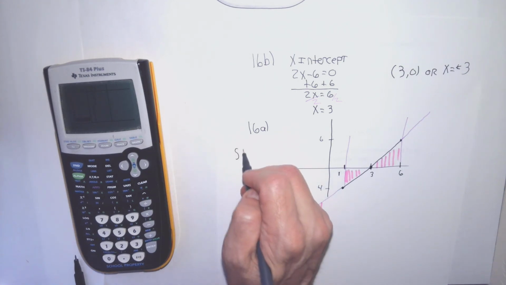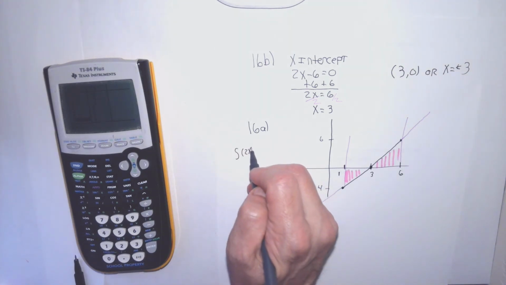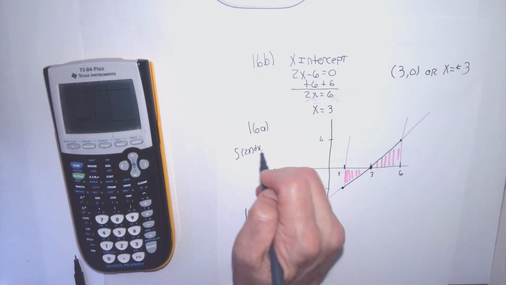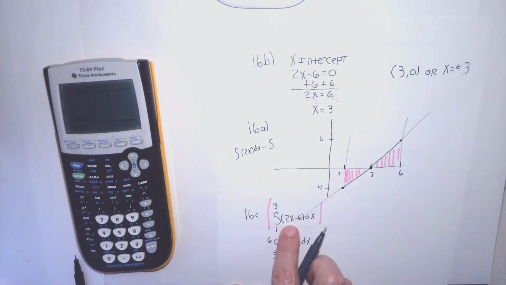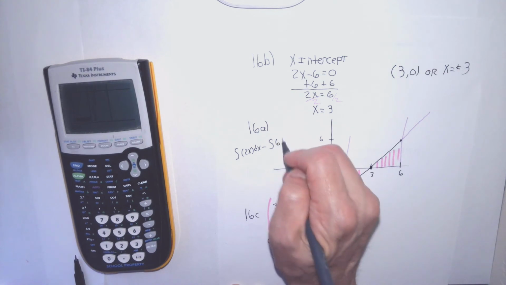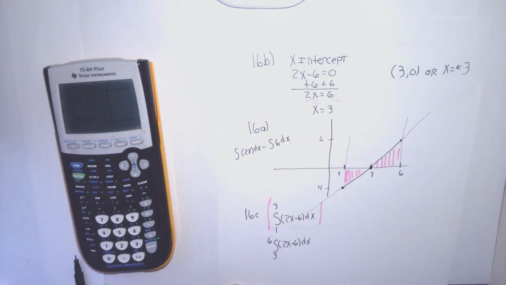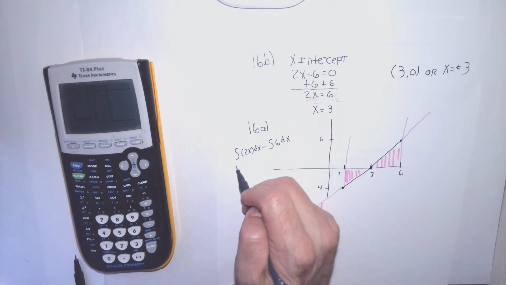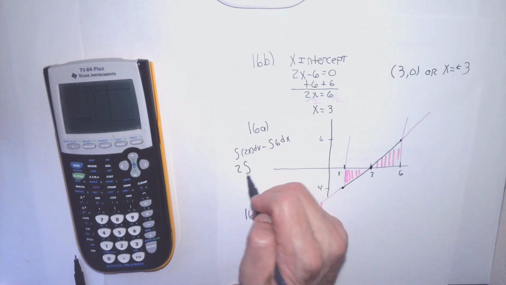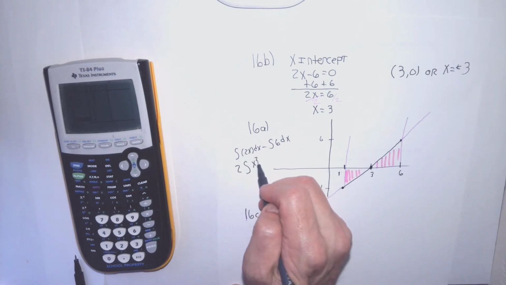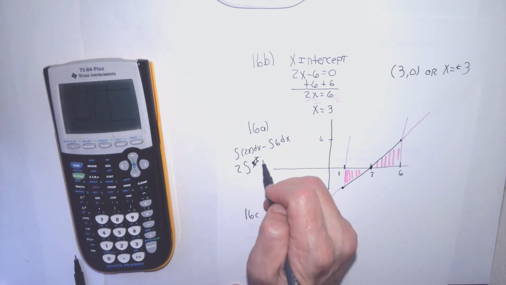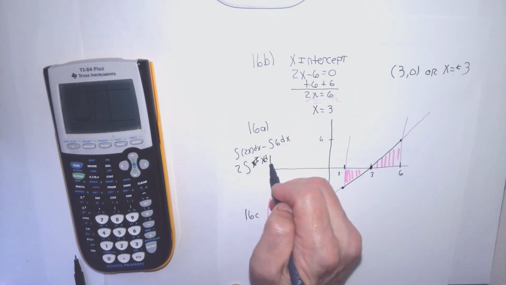The integral of 2x minus 6 dx can be found by doing the integral of 2x dx minus the integral of 6 dx. For the 2x dx, I'm going to pull the 2 out front and do the integral of x dx.